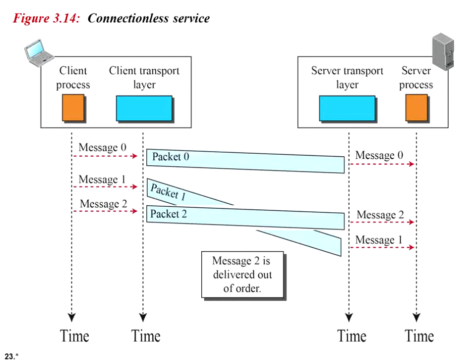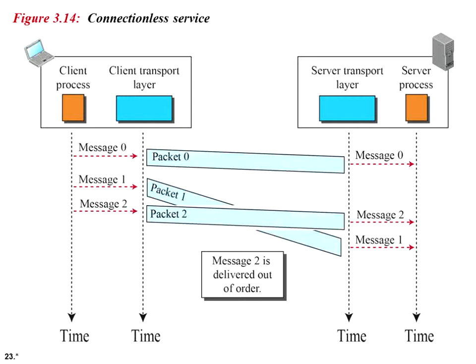Now these messages are handed over to the connectionless transport protocol in order. Since there is no dependency between the packets at the transport layer, the packets may arrive out of order at the destination and will be delivered out of order to the server process.